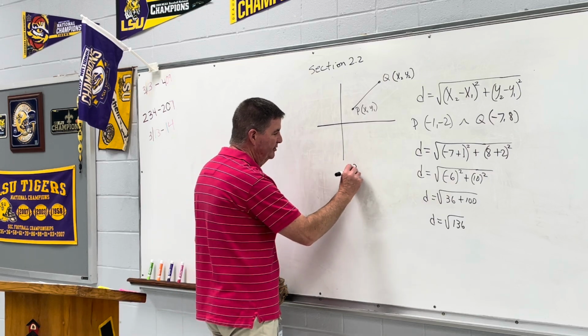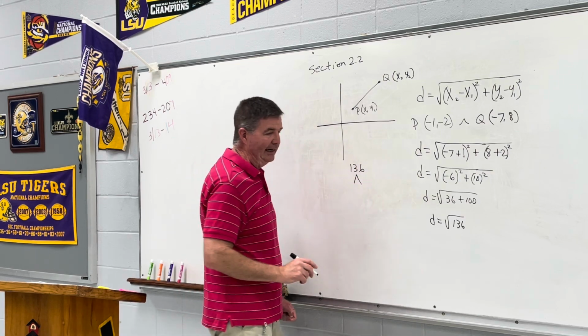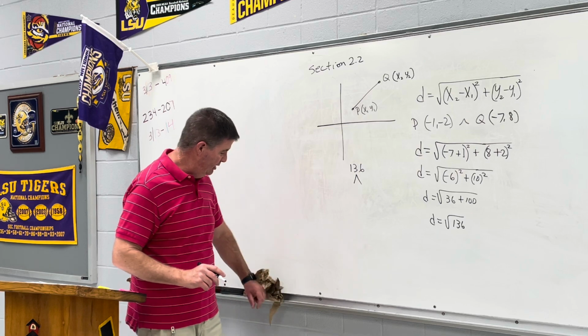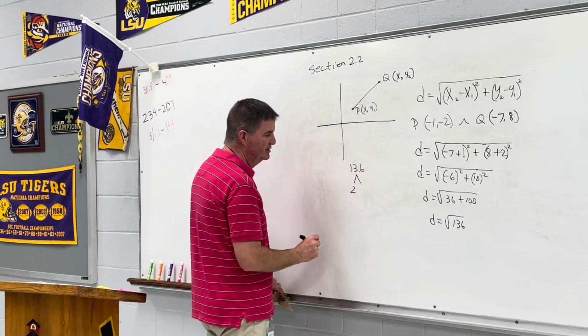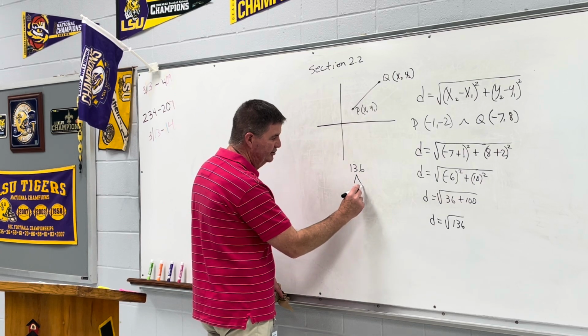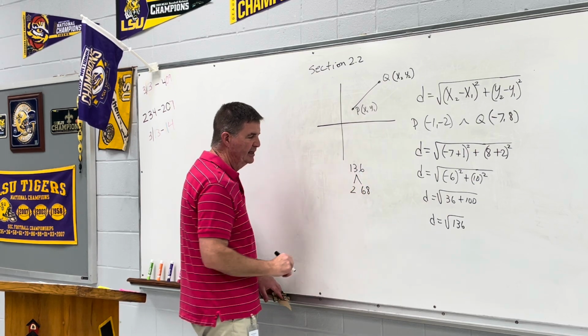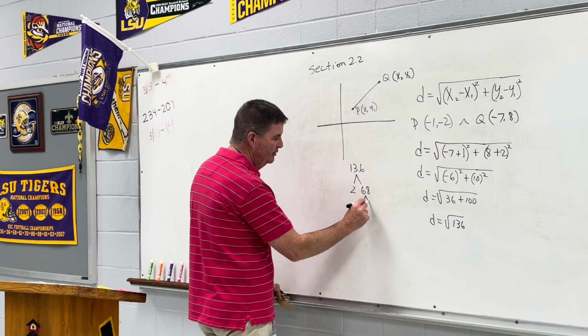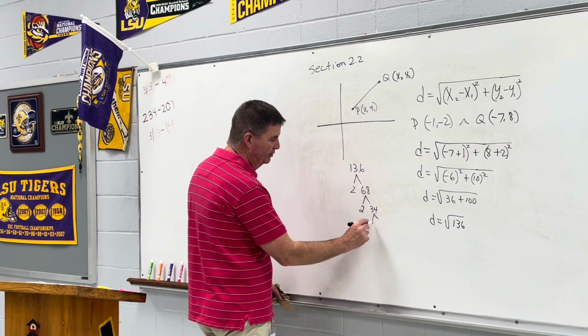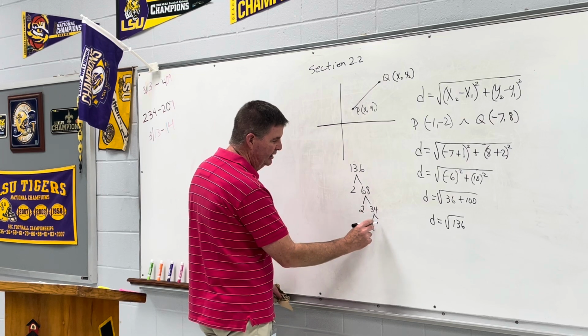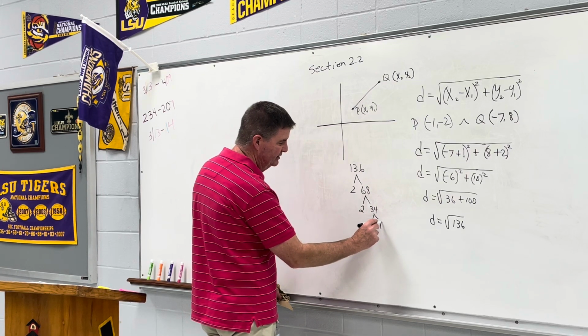So I look at 136 and I try to find its prime factors. The smallest prime factor I can pull out is a 2 because it's an even number, and 2 times 68 is 136. Then we can pull a 2 out and we get 34. I can pull another 2 out and I'll get 17.